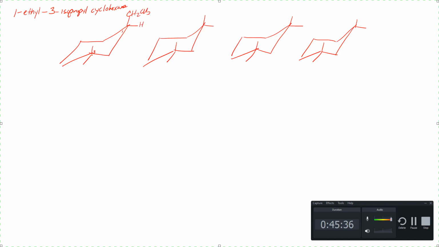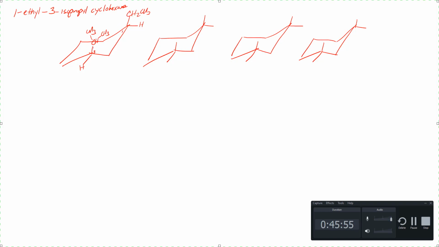Do I remember what an isopropyl group looks like? And this is where people get themselves in trouble because they draw the wrong alkyl group. So you have to know your IUPAC names of the alkyl groups.